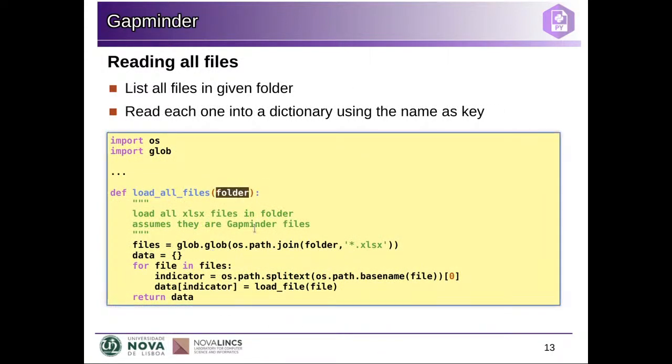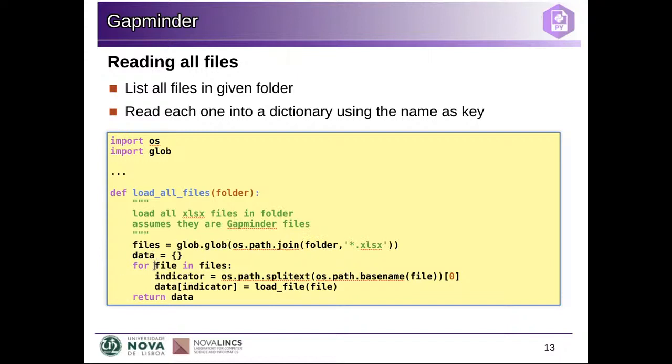So we receive here the name of a folder. We create this template here, which is the name of the folder, followed by that separator and the star.xlsx. And when we put this in glob, this gives us the list of all the Excel files in that folder.